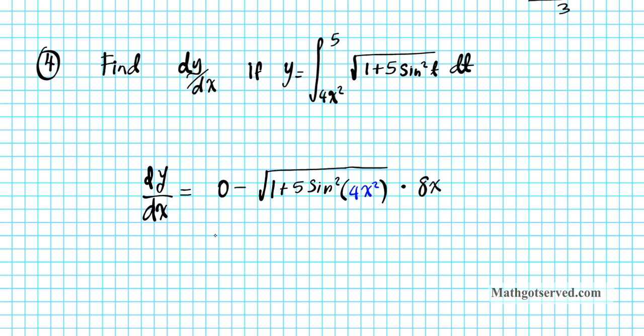If you simplify a little more, your final answer will be negative 8x times the square root of 1 plus 5 sine squared 4x squared. This is an application of FTC part 1.